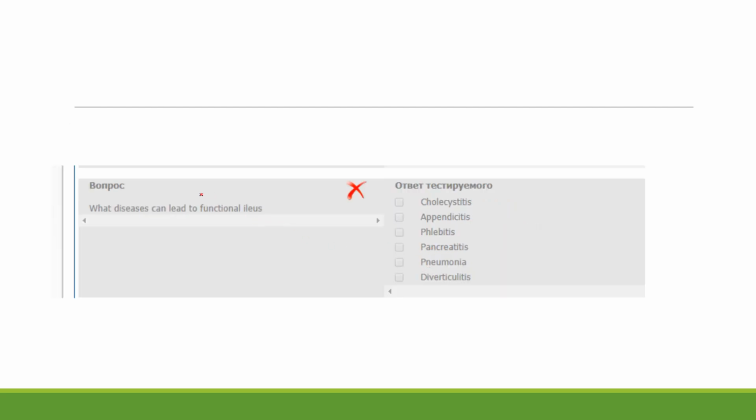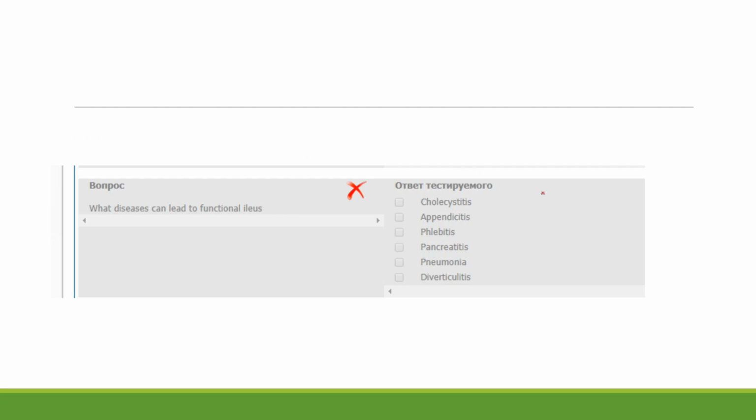What diseases can lead to functional ileus? There I will show you this disease and this. Pneumonia, it is inflammation in the lung. And phlebitis, it is inflammation in veins.